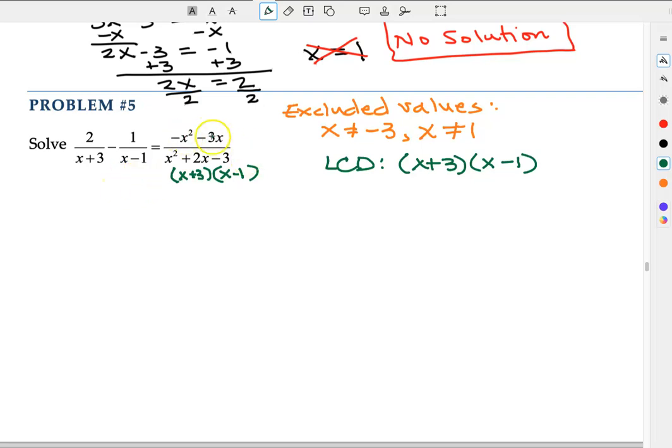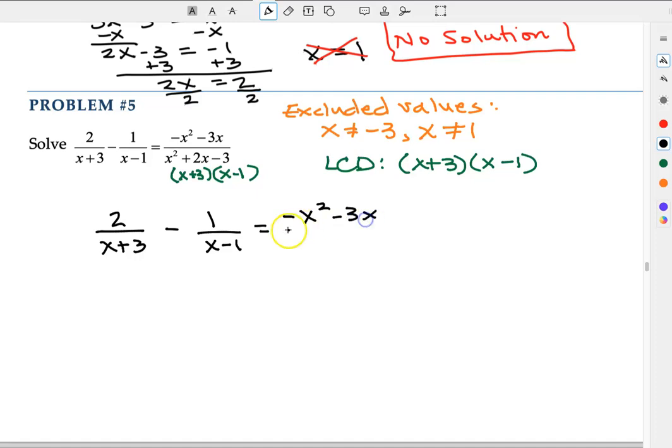On the top here, you don't need to factor that out. Start off making sure that you factor all the denominators, but I'll show you what we're going to do with that here in a second. So let me write this out. I'm sure you can see some patterns happening there.